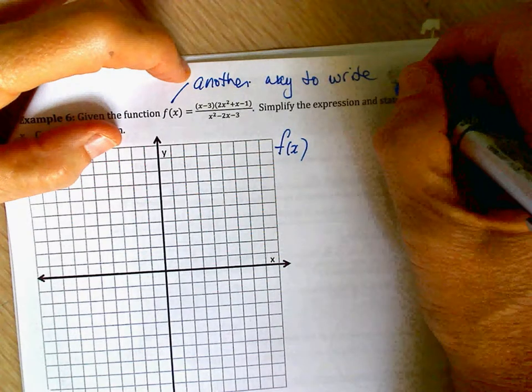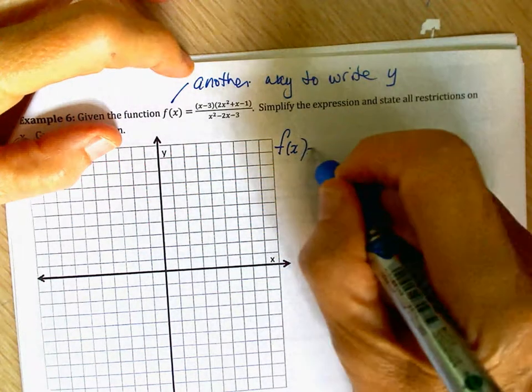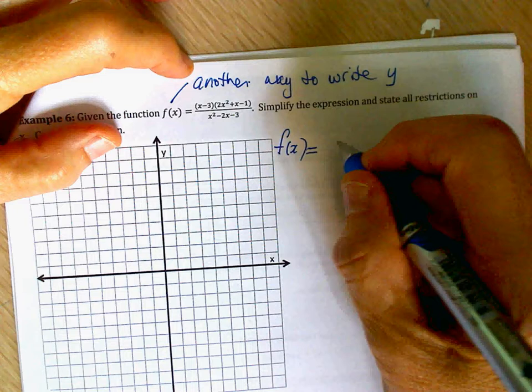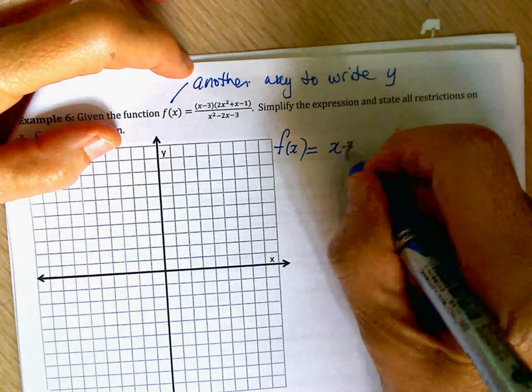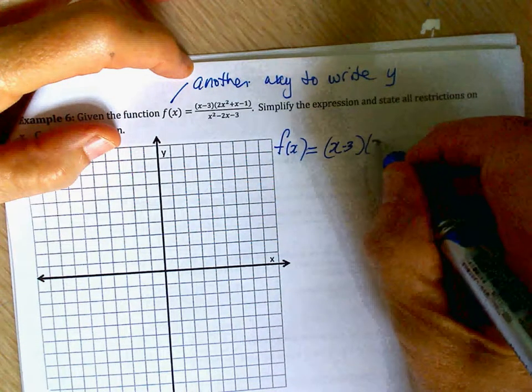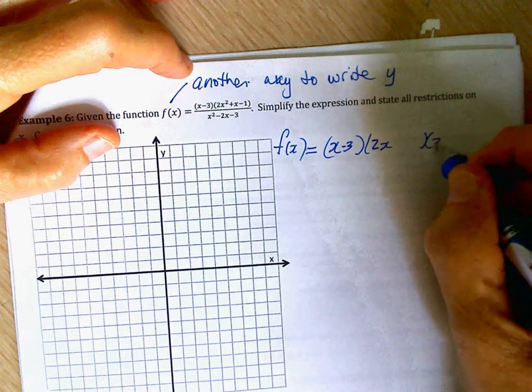So let's factor this expression. On top, it looks like this will be 2x times x plus 1, minus 1 looks like what it would be.